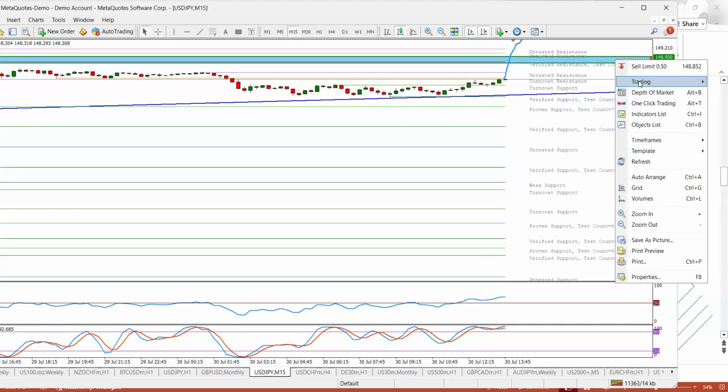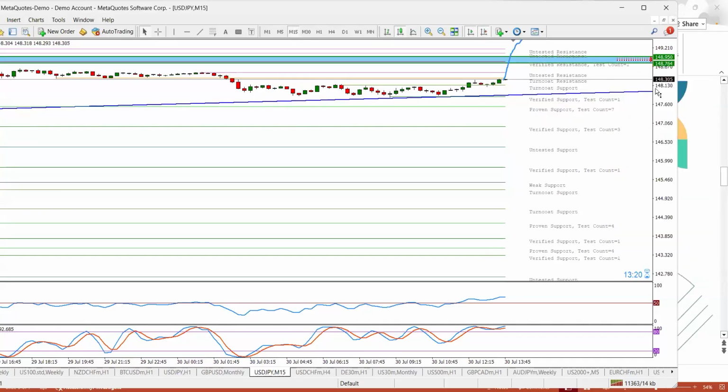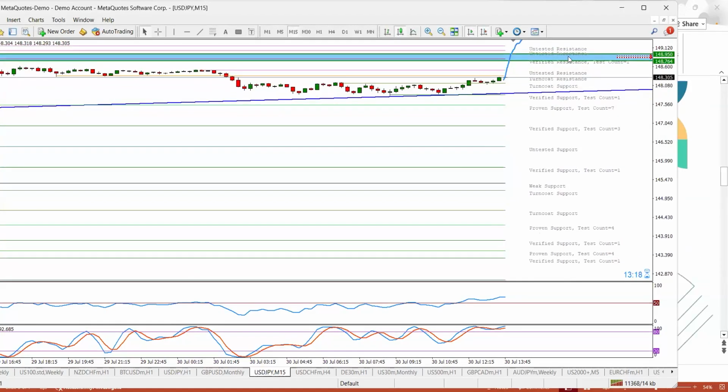Why am I doing that? Because I'm expecting that price will come back into this my buy limit region. Now this resistance has become a support, a turncoat support. Once a resistance is broken, it becomes a support.